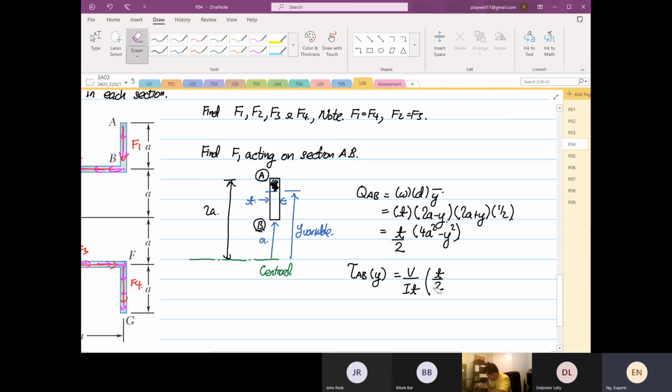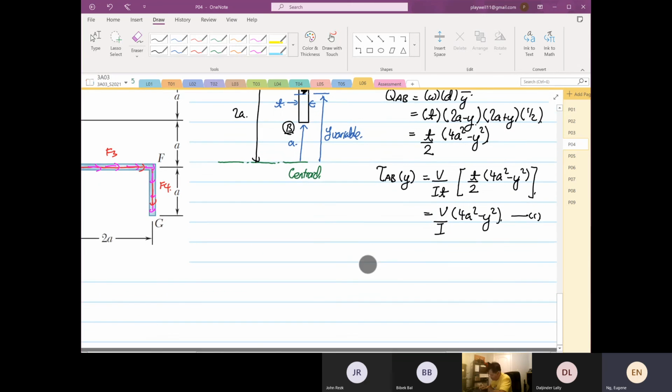I have to bring in the big bracket. T times the square bracket, right? So 4A squared minus Y squared, all right? So you can cancel the T, so it's V over I times 4A squared minus Y squared, right? So this is our equation number 1.